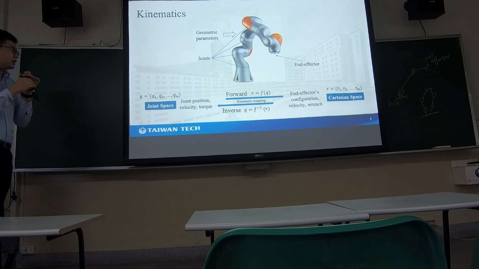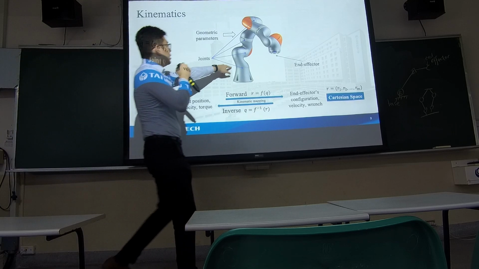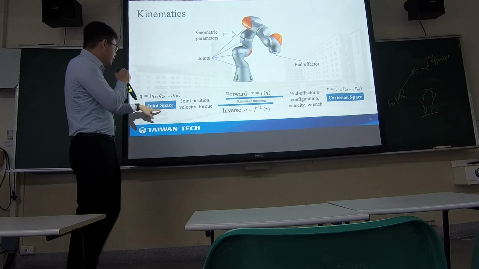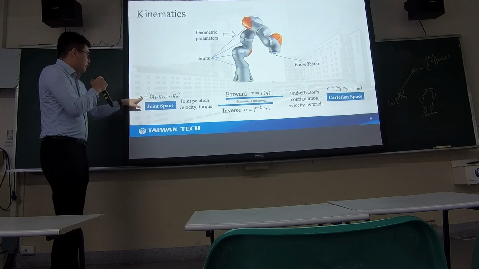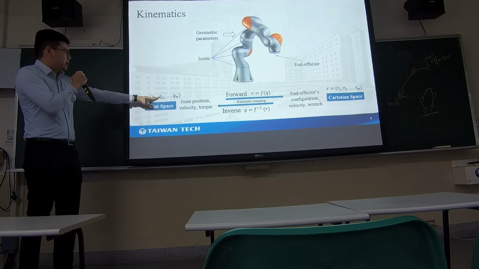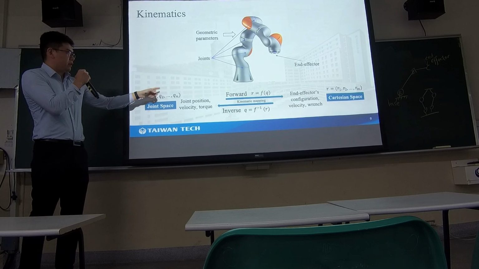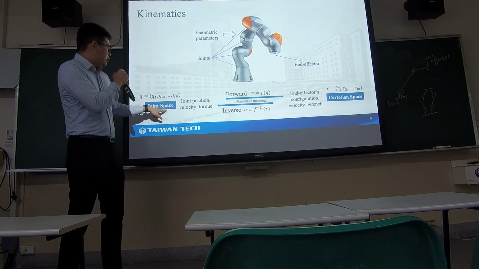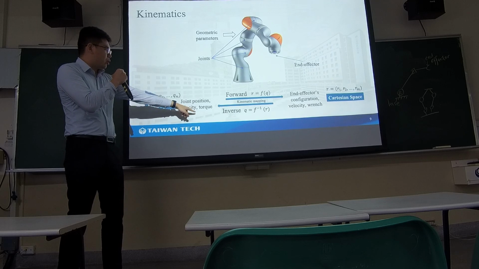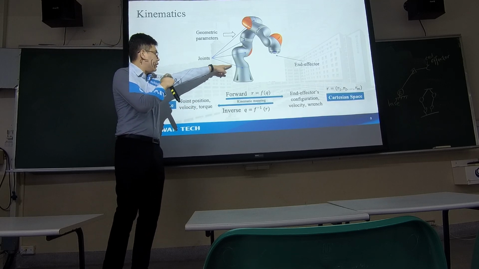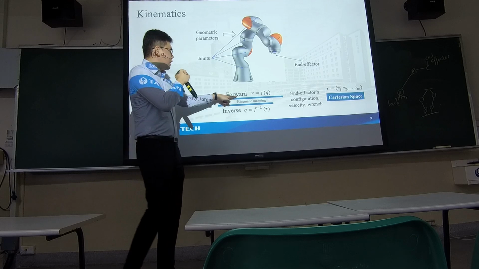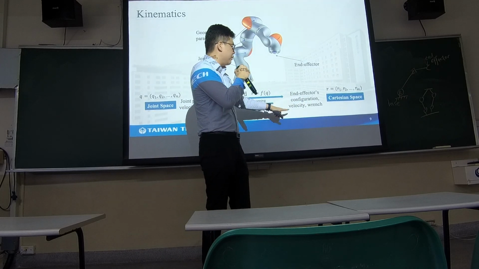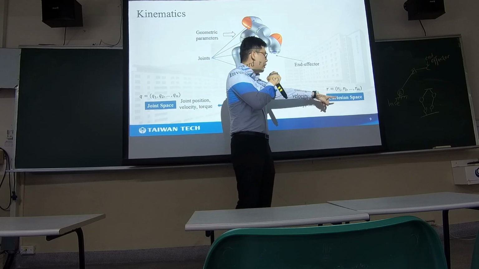So you can see these are the joints, and this is the end effector. In the joint space, we have the angles or the displacement of the prismatic joint, so we have joint position, velocity, or torque. Then through forward kinematics, we can get the end effector's configuration and velocity in the Cartesian space.